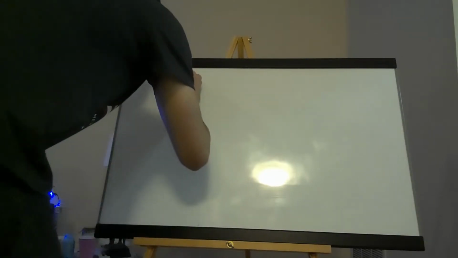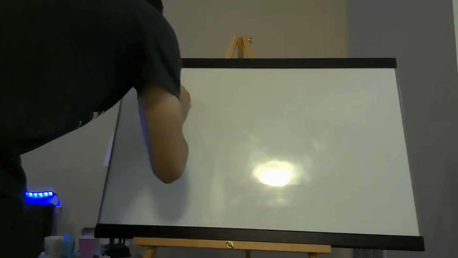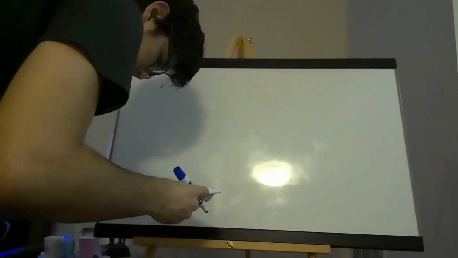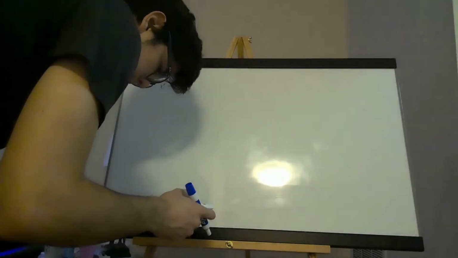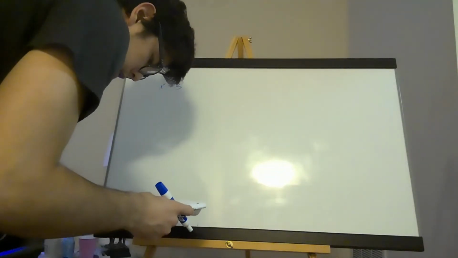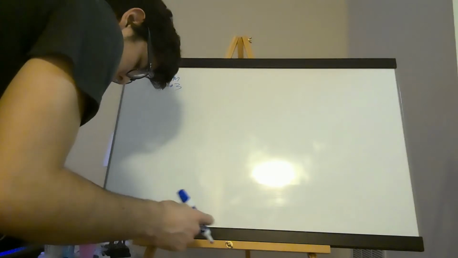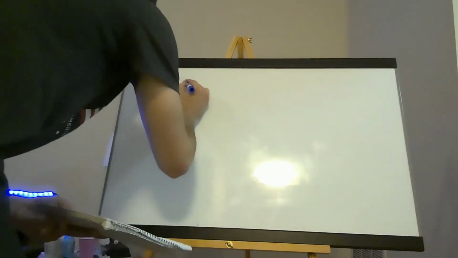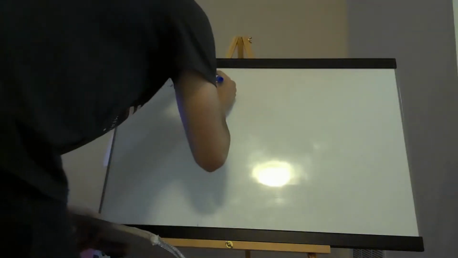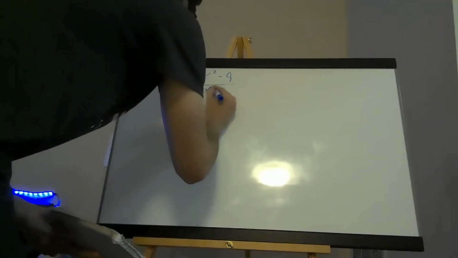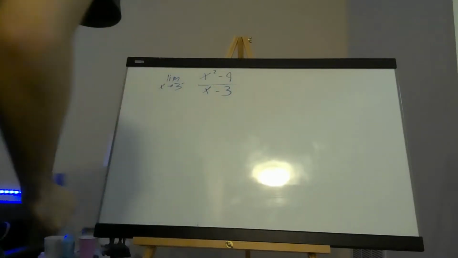Limit as x approaches 3 from the left side of the function x squared minus 9 over x minus 3.